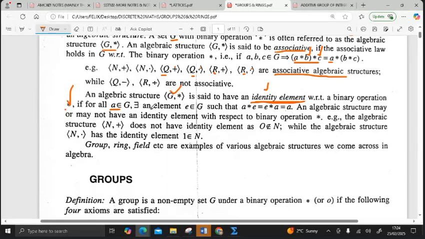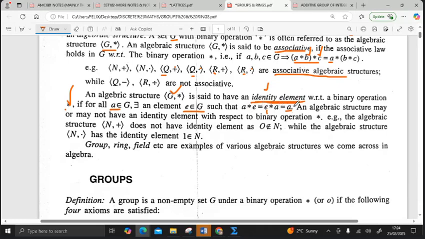With respect to a binary operation, the general binary operation we're using is the asterisk. For every member A of G, there exists an element E such that A asterisk E, or E asterisk A, it doesn't matter whichever starts, is always A. It means that this E fixes elements of A. It doesn't change them.